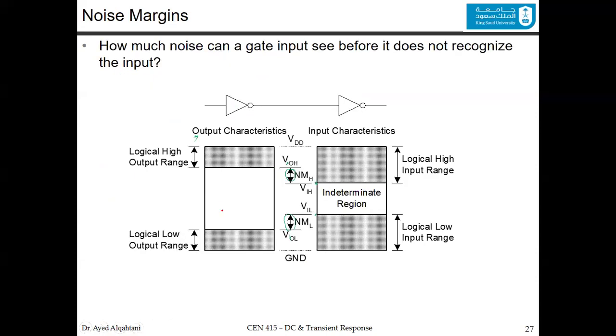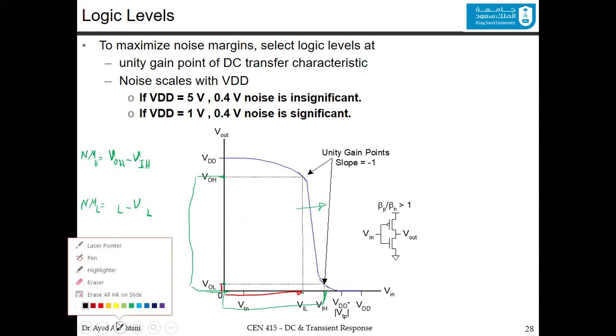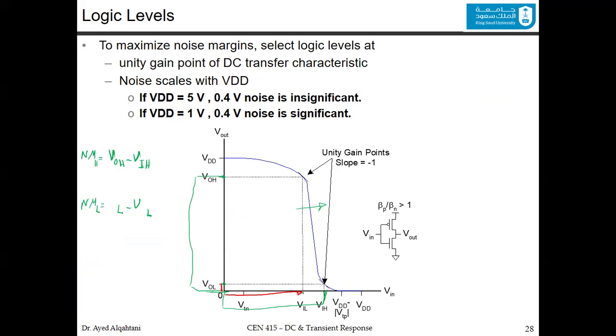Sorry, it's the VIL subtracted from the VOL, so it's the other way around. And you have actually quite a good value. This is the VIL minus the VOL. So the VIL is kind of large compared to this one. So you have a very good noise margin in the low compared to the high if you pull the graph in this direction.